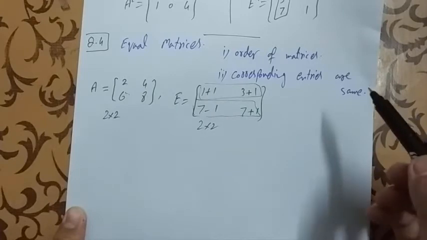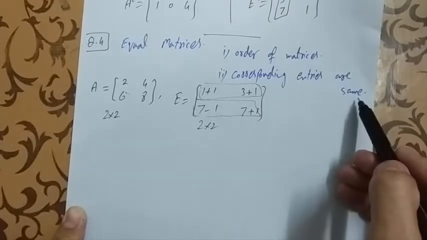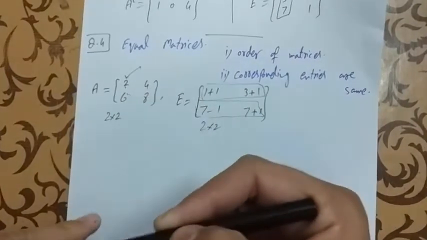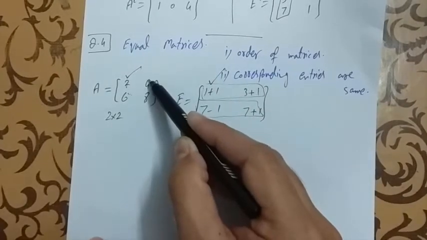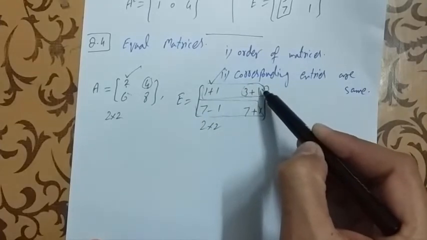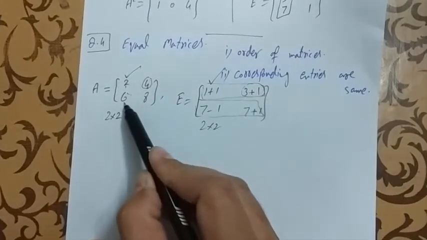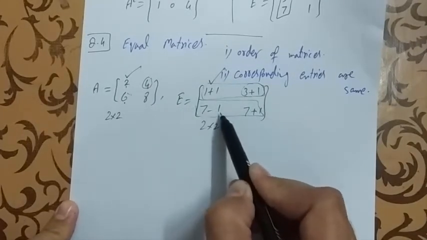The second thing you have to check is that corresponding entries are the same. The first entry of matrix A is 2 and the corresponding entry 1 plus 1 is 2. This entry is 4 and this entry is also 4, since 3 plus 1 is equal to 4. This entry is 6 and this entry is also 6, since 7 minus 1 is 6.